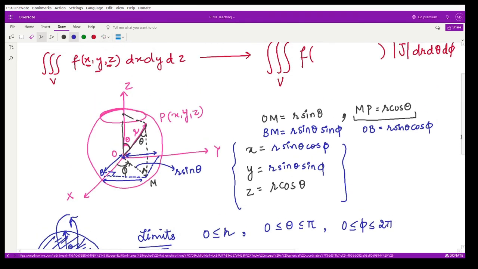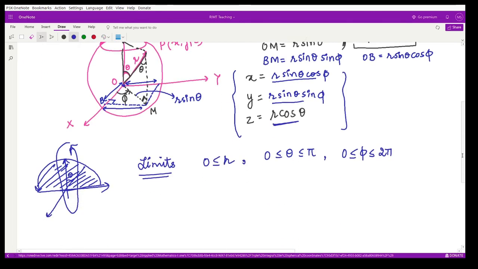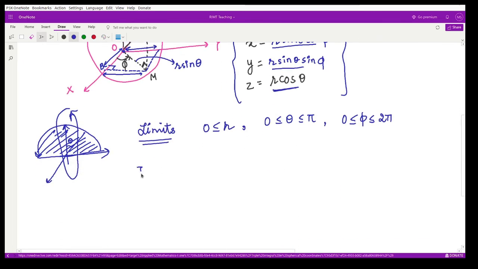Now we have obtained these limits. We have this relationship. So instead of x, we can write here this value. Instead of y, we can write this value, and instead of z, we can write this value. But what is this Jacobian? So let us calculate the Jacobian in this case. The Jacobian would be equal to the partial derivative. So what is it actually?